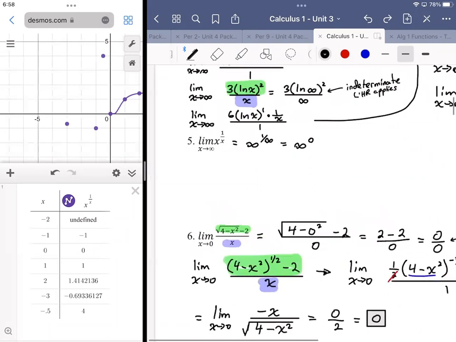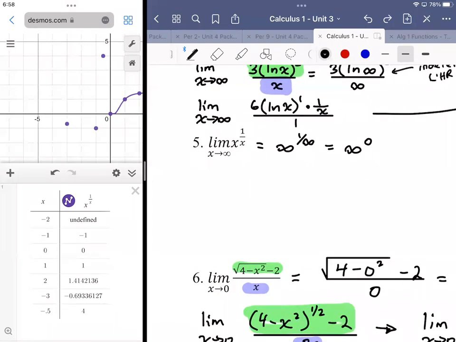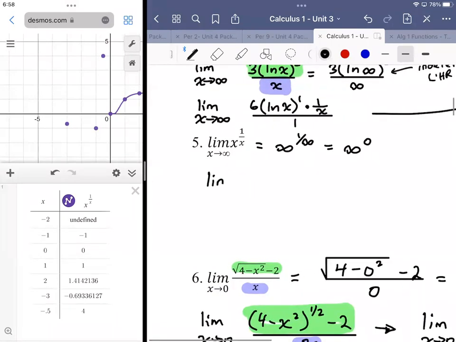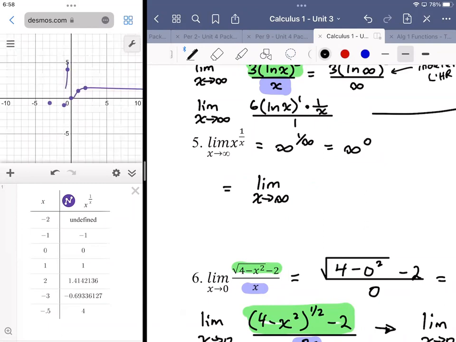So looking at the limit as x approaches infinity, we can say that this is going to be equal to some value, and we can call it whatever we want. It's starting to glitch on me now, which is aggravating.